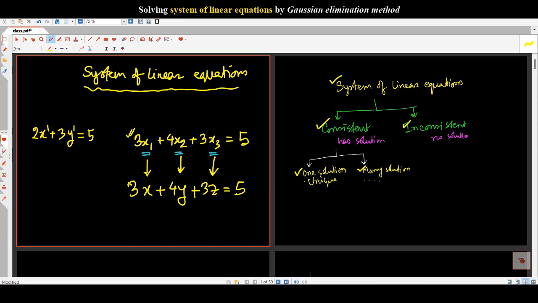The important part is what is the power of the variable. The x variable has power 1, or the x1 variable is with power 1, the y variable is with power 1, the x2 variable is also with power 1. Let's say the z variable is with power 1. Instead of z we can also write x3. So x3 is with power 1. So this is about linear equations.